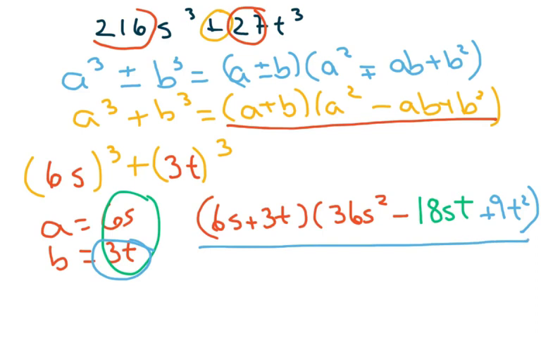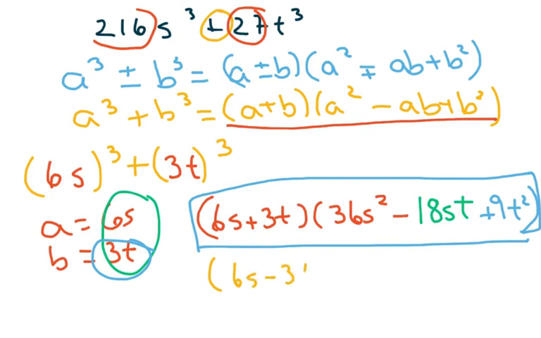And that's how you would factor that. Okay? If it was minus, it would be kind of the opposite. It would be 6s minus 3t, and then it would be 36s squared plus 18st plus 9t squared.